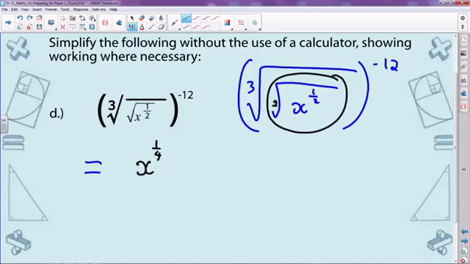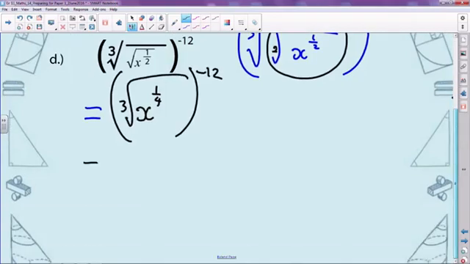So I've dealt with this part, and then I still have a cube root there, all to exponent minus 12. Now, this is the cube root of x to exponent 1 over 4. This 3 divides the denominator. Remember, guys, if I've got a, and then there's b there, this is a to exponent 1 over b.